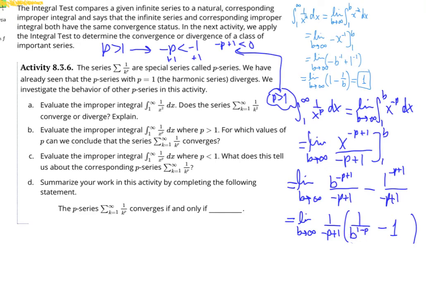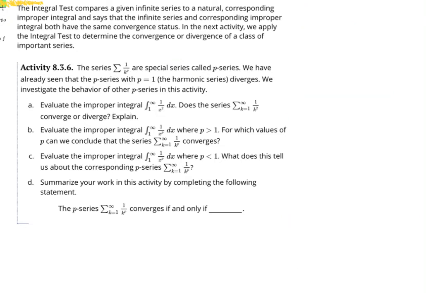That 1 over b to a positive power, where the base is approaching infinity, we're going to get 0 for this part. And so our final answer for the limit is negative 1 over negative p plus 1, or we could also say it's 1 over 1 minus p.